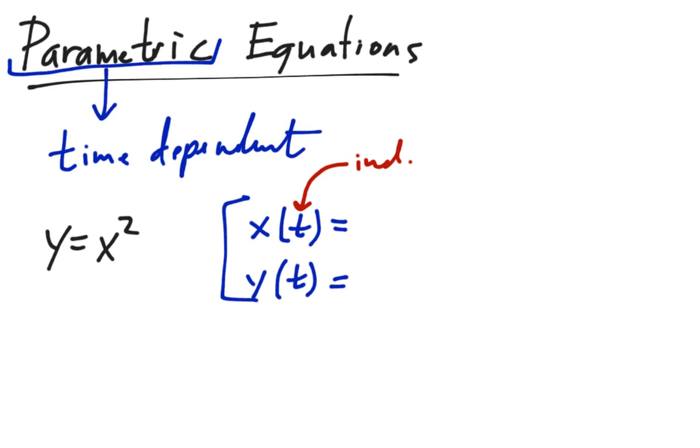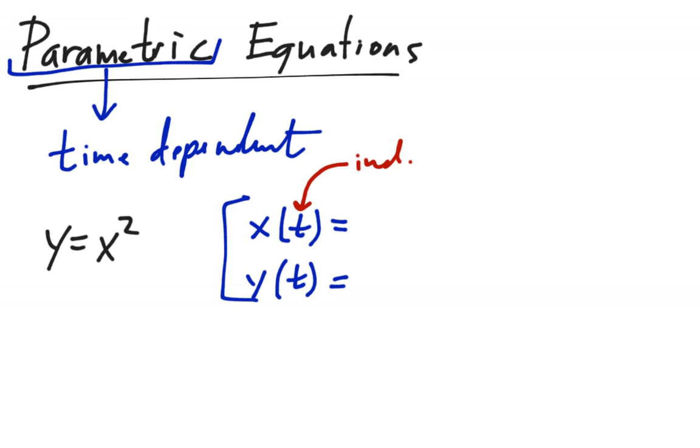Now, you do have to be a little bit careful about how you define x and y. I think for the most part you can pretty much write any two functions here, but you would have to do some algebra in order to solve for x or y explicitly without the t, and that's a skill that we're not really going to delve into in this video.